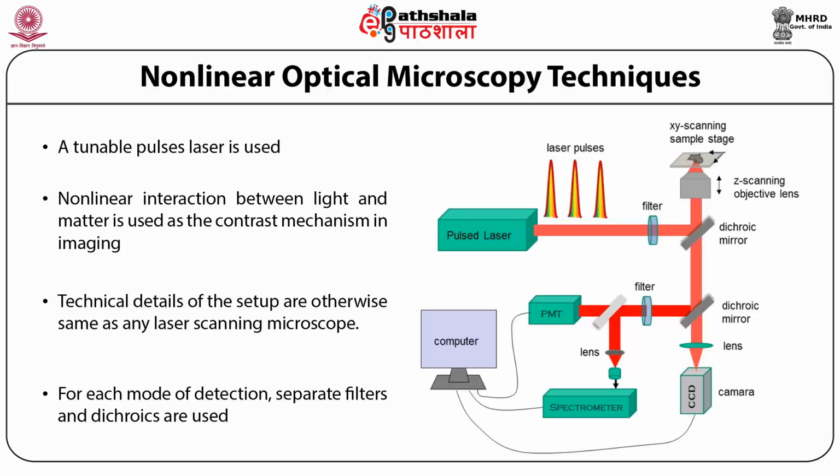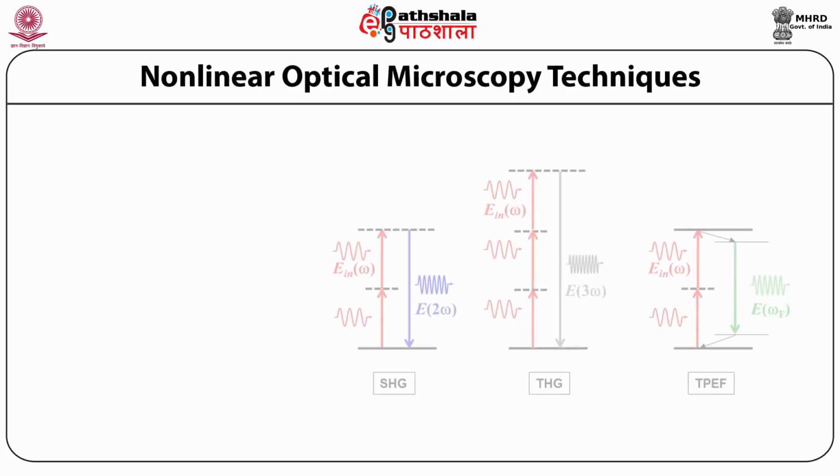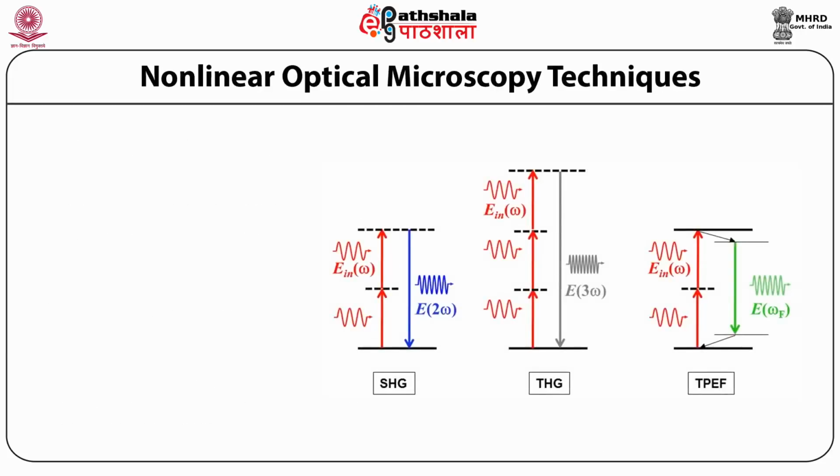And which nonlinear interaction is used for microscopy is decided by the spectral selection of the light that is emitted or scattered by the sample. So as we said, nonlinear interaction is used for imaging and the intensity as the contrast mechanism.